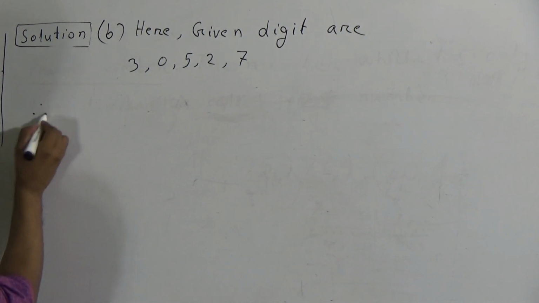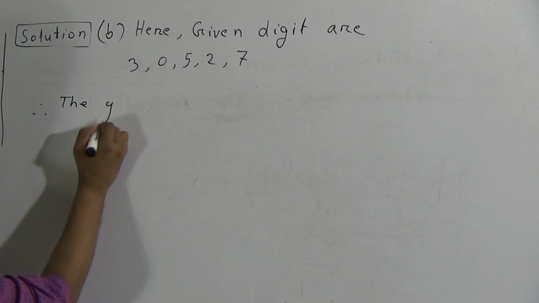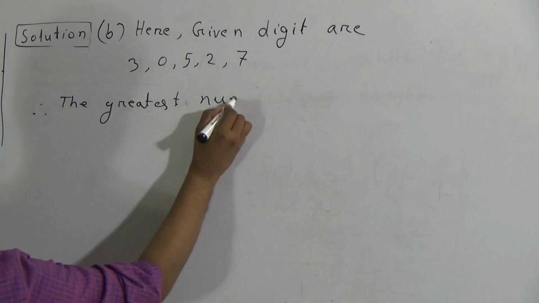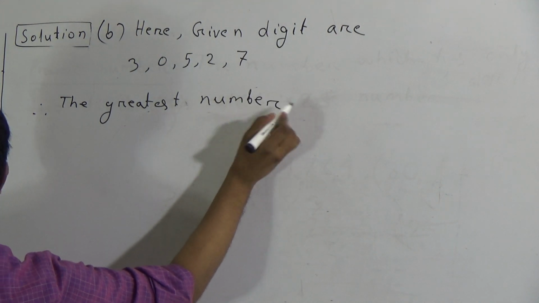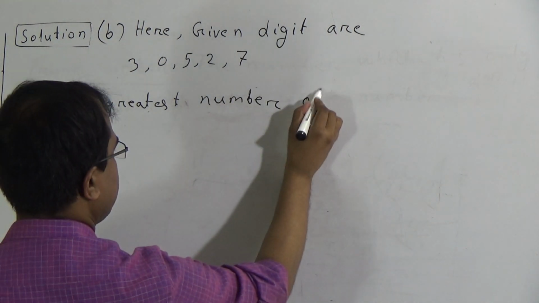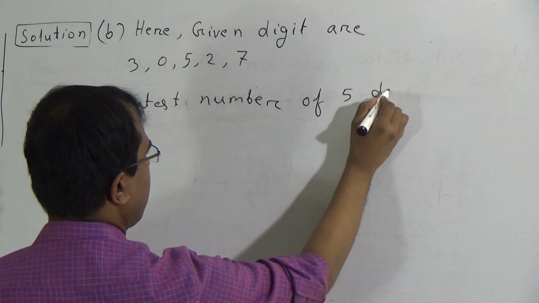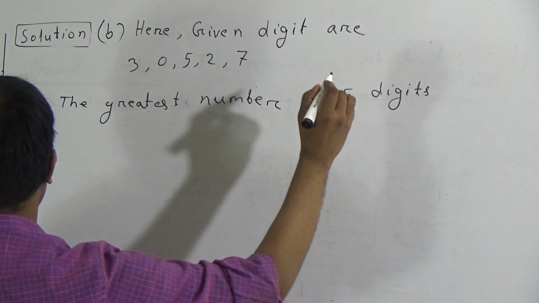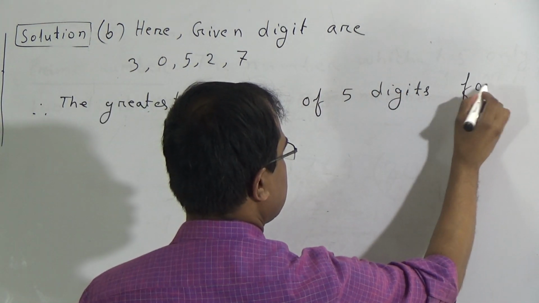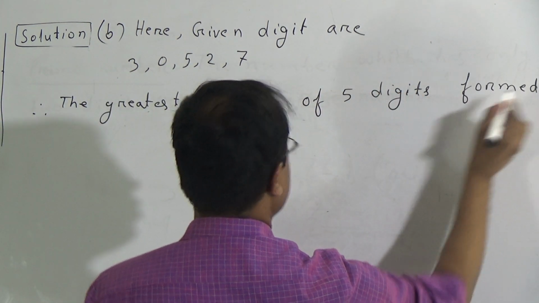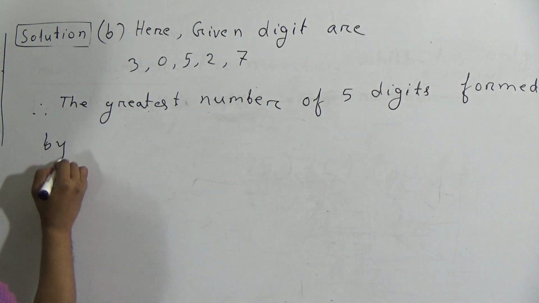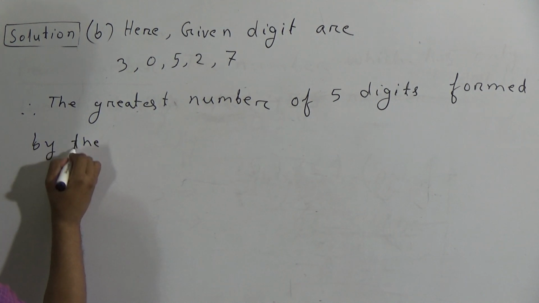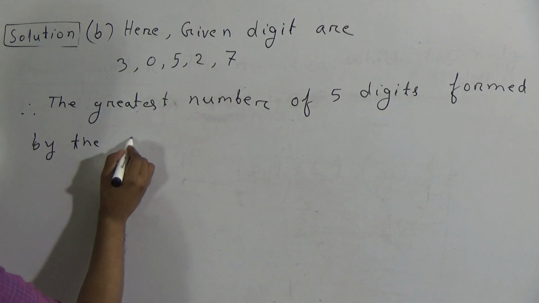Therefore, the greatest number of 5 digits formed by the above digits.